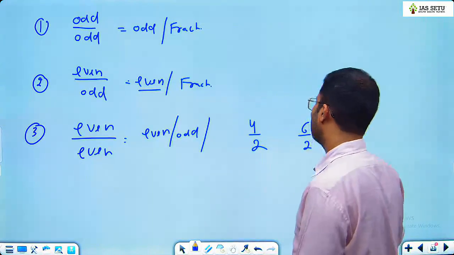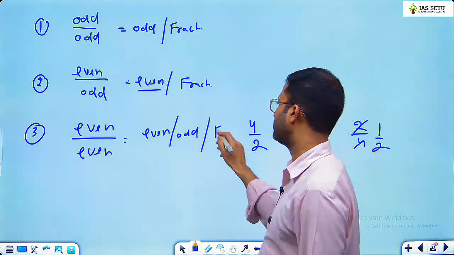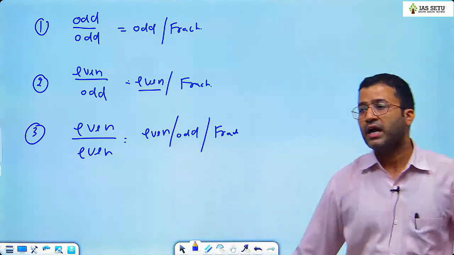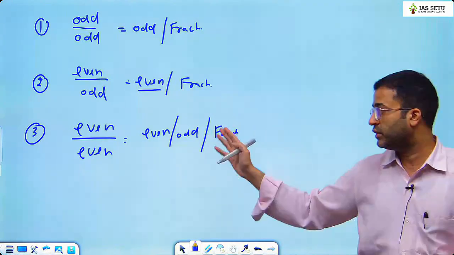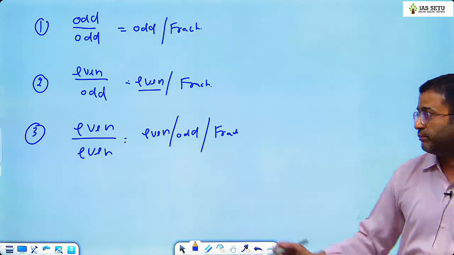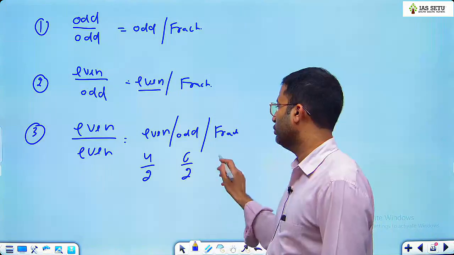Then you can write 2 by 4, which is 1 by 2, which is fraction. Here we have all the three possibilities. An even number divided by even, your result will be even, odd, fraction. इसमें तीनों रिजल्ट बनेंगे. You can write example 4 by 2, 6 by 2, 2 by 4.